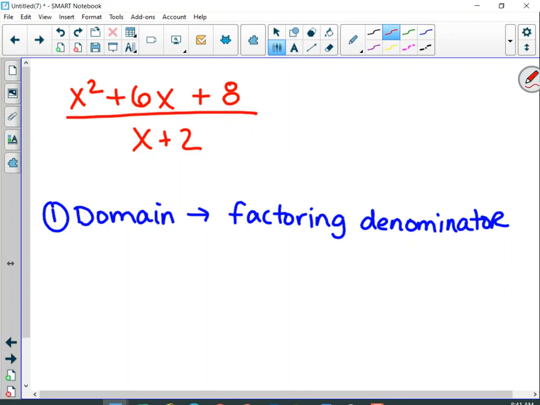So domain, denominator, start there. Factor out your denominator, get your domain. Check. Number two, we're going to go looking for holes.